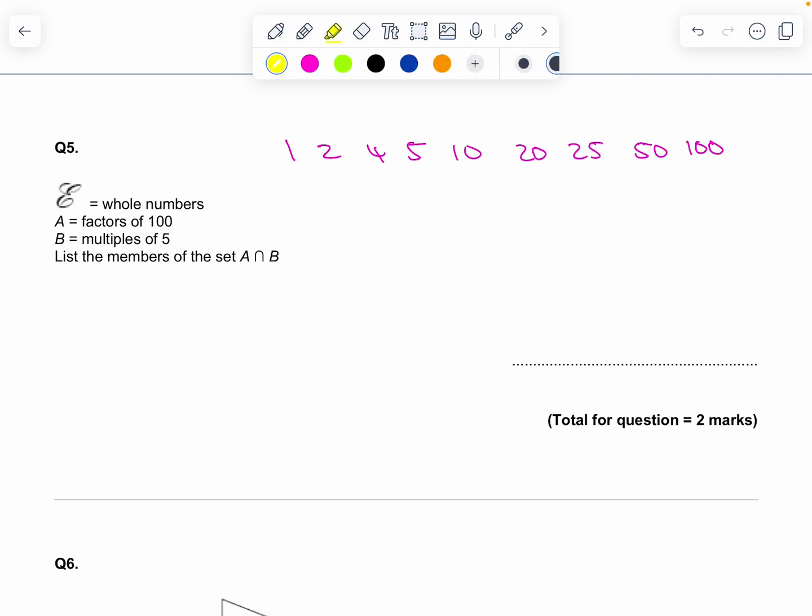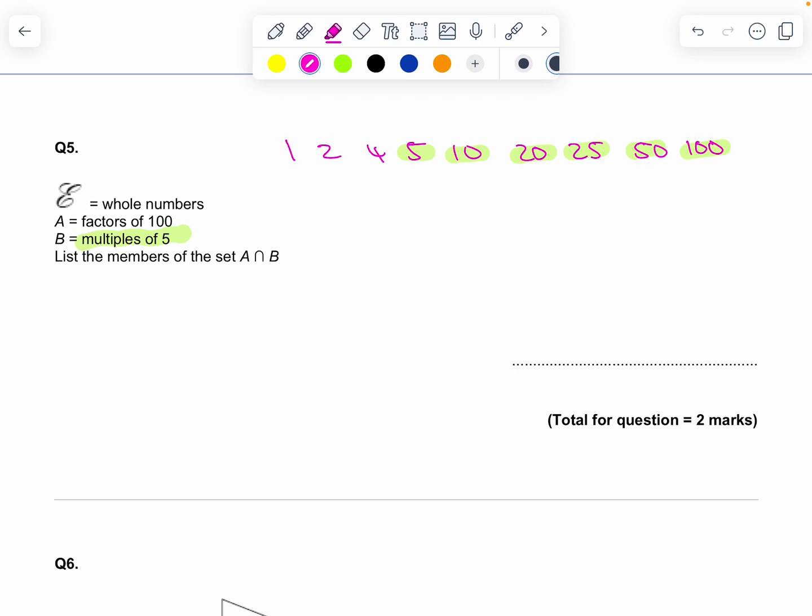And then what I would do is pick out the ones that are also multiples of 5. So you can see here 5, 10 is, 20 is a multiple of 5, 25 is, 50 is, 100 is.